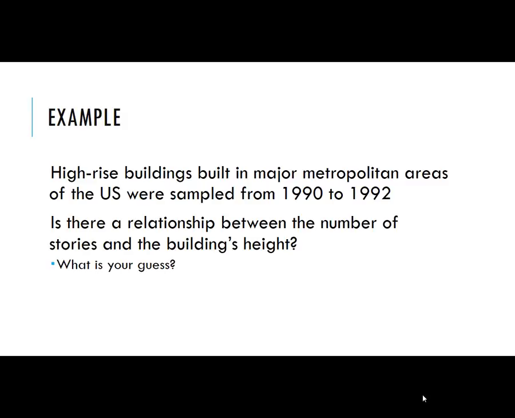So we would think that as the number of stories increases, the building height would go up by about 10 feet. Now, there can be variation in that, because the first floor might be taller than the other floors for a nice big entryway into a lobby. There could be something tall on top of the building that would add to its overall height, like a penthouse, and then a nice big tall spire up into the sky after that.